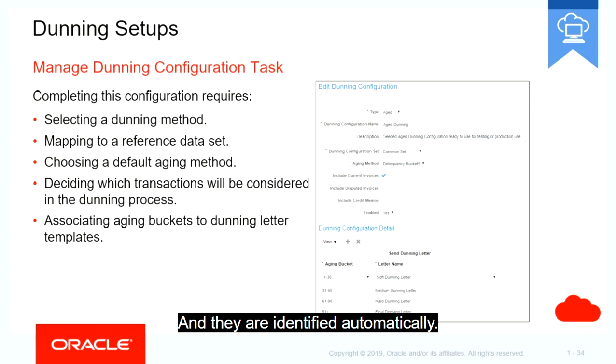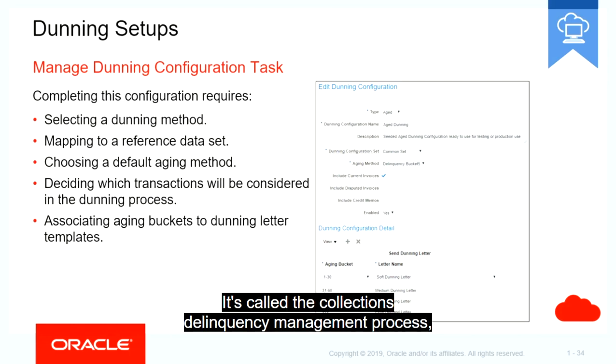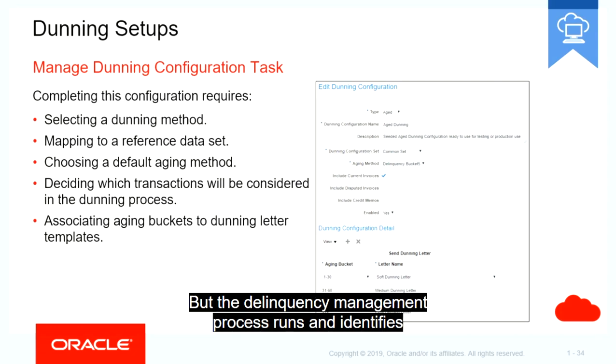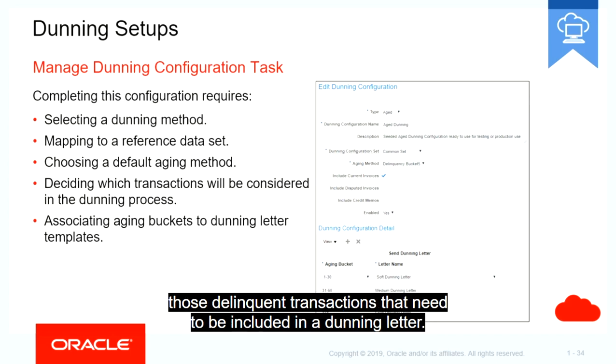They are identified automatically. There's a program that you need to run. It's called the Collections Delinquency Management Process, and we'll talk a little bit more about that later on in the topic. But the delinquency management process runs and identifies those delinquent transactions that need to be included in a dunning letter.